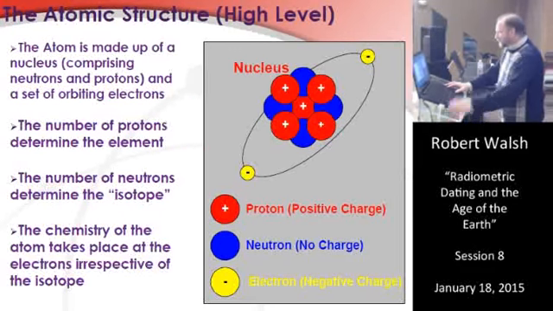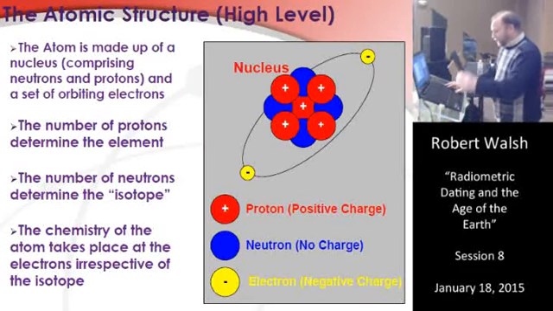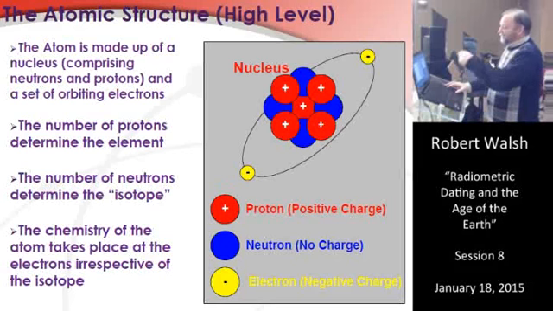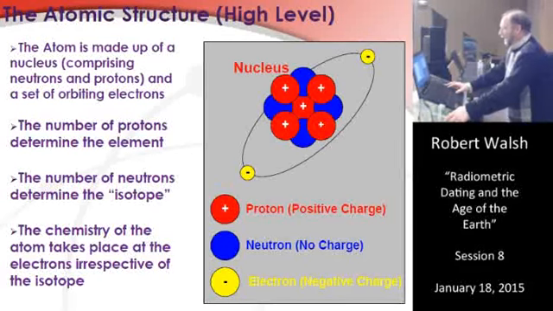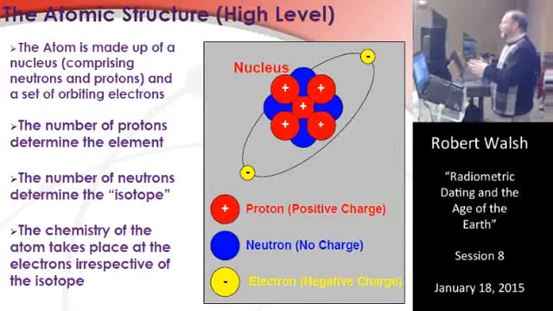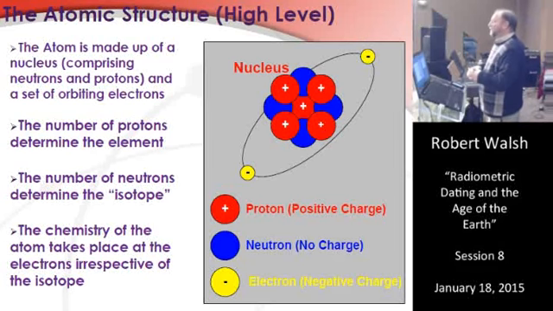In the atomic structure of an element, we have a nucleus, and in that nucleus are protons and neutrons. Surrounding the nucleus, we have electrons, and they are of a particular charge. So the number of protons determines what type of element it is. For example, carbon has 6 protons, nitrogen has 7. So it's the number of protons that determines what the element is.